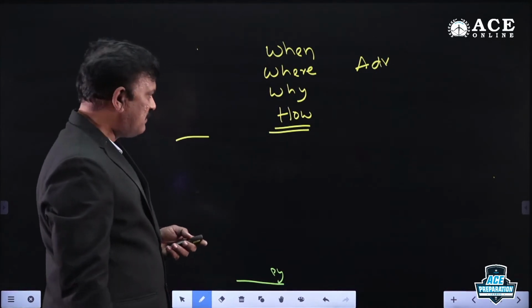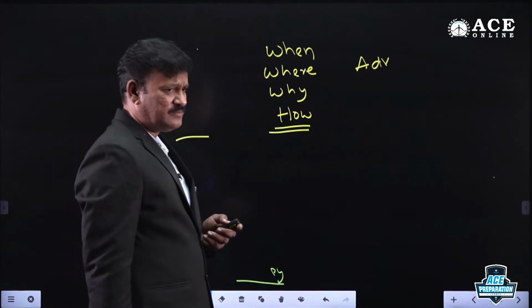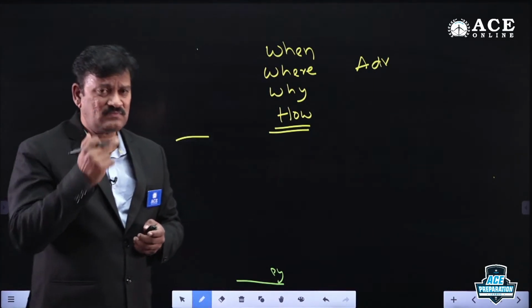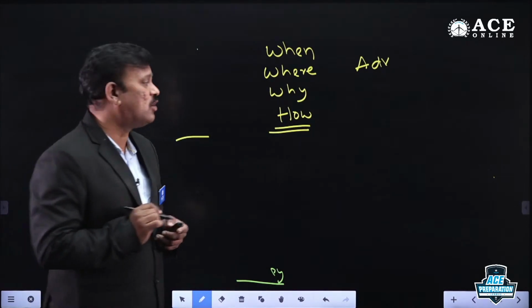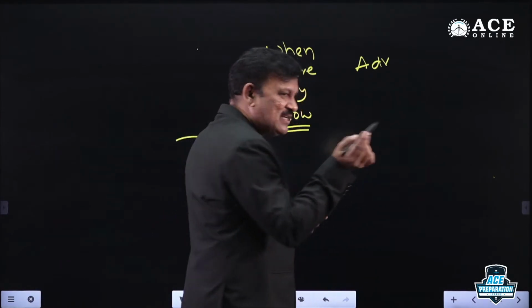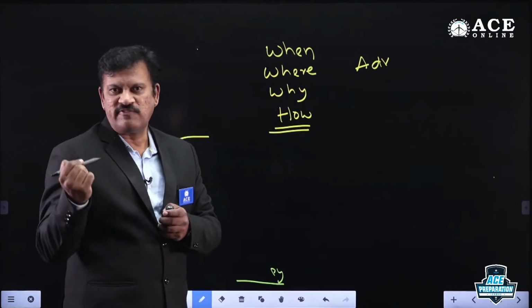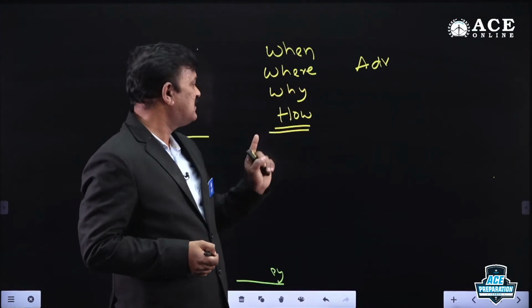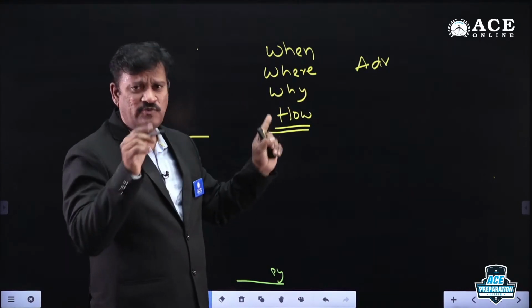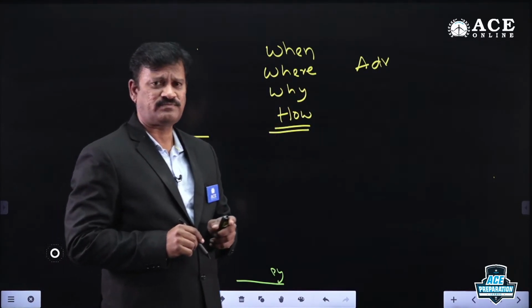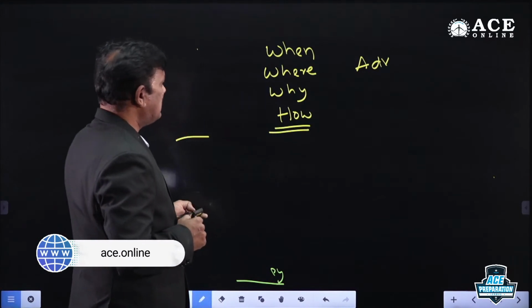Okay guys, we'll come back. Let me summarize, then we'll go ahead. Clauses: you know how to identify clauses with the help of conjunctions and phrases. We have different phrases: prepositional phrase, noun phrase, verbal phrase. Okay. Now look at this.